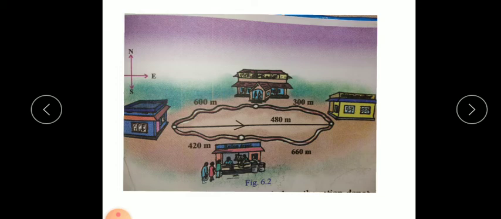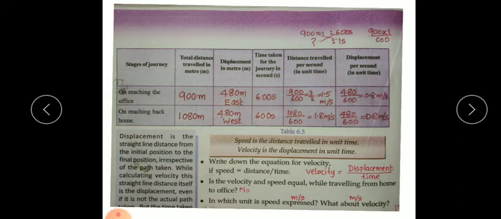Okay. And the distance from his home to office is how much meter? 600 plus 300. How much? 900 meter. And the distance from office to his home is 660 plus 420 meters, that is 1080 meter.